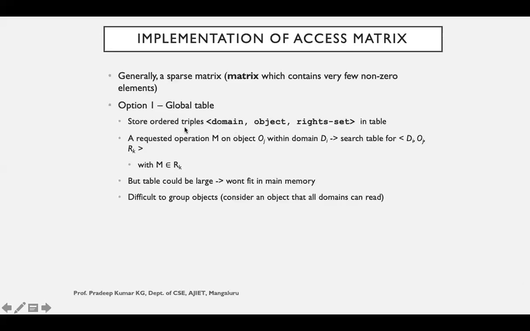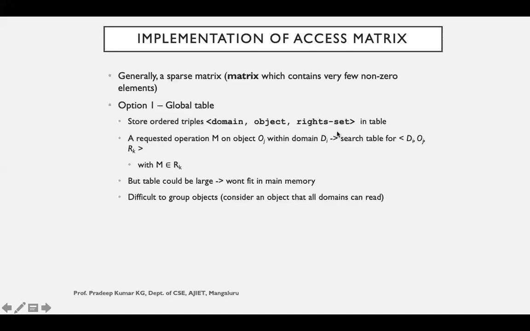So when we say ordered triplets, it should contain the domain, that is, which particular domain wants to have access on a particular object. The second one is the object, that is, which object should be considered for read, write, and execute. Then we have the rights set.